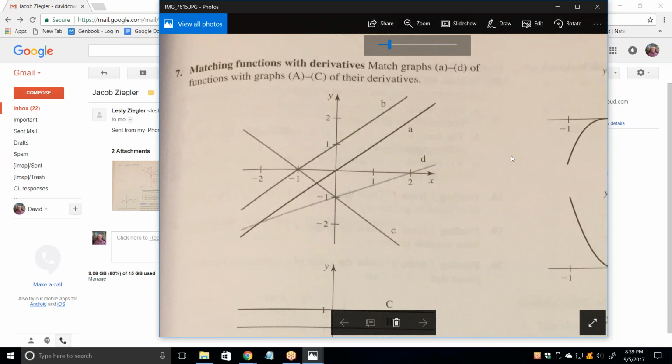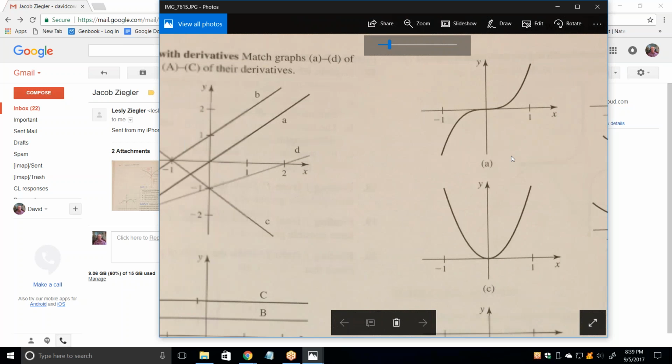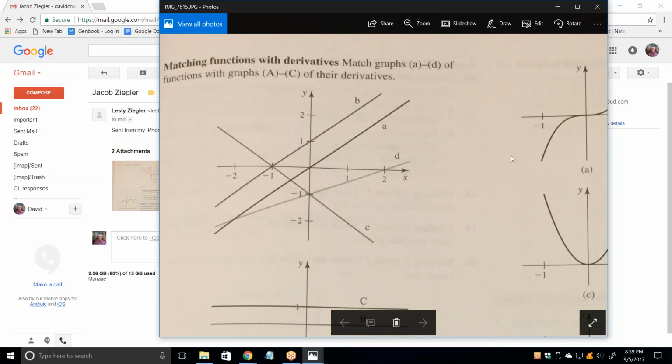Match A minus D with capital A minus C. When I looked at this originally, I couldn't figure out what that curve is. What is this curve here on the left? What's that have to do with anything? Am I not understanding this? Here, let me zoom down a little bit because I need to bring in everything into the picture.